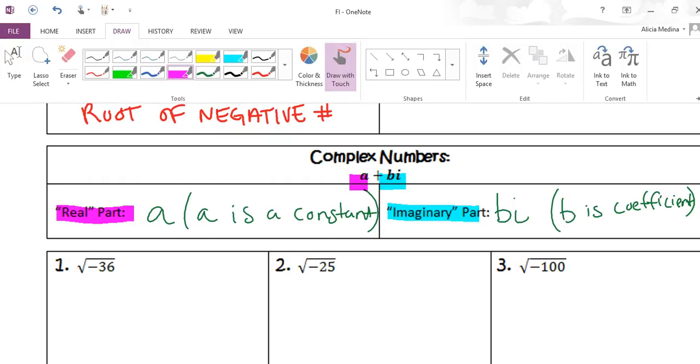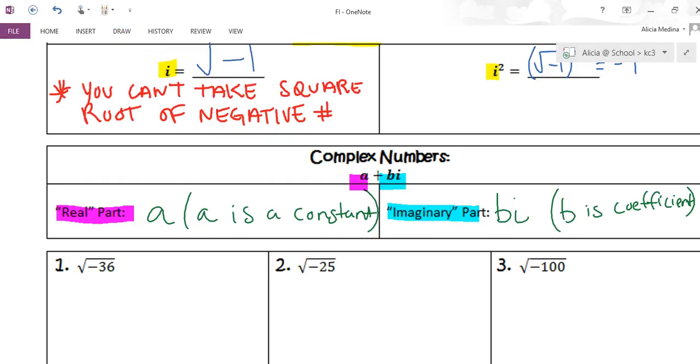When I look at the examples down below, I have the square root of -36. Do not even bother plugging that in your calculator, because you will get an error, since your calculator says you cannot take the square root of a -36. So what we have to do is break this down.